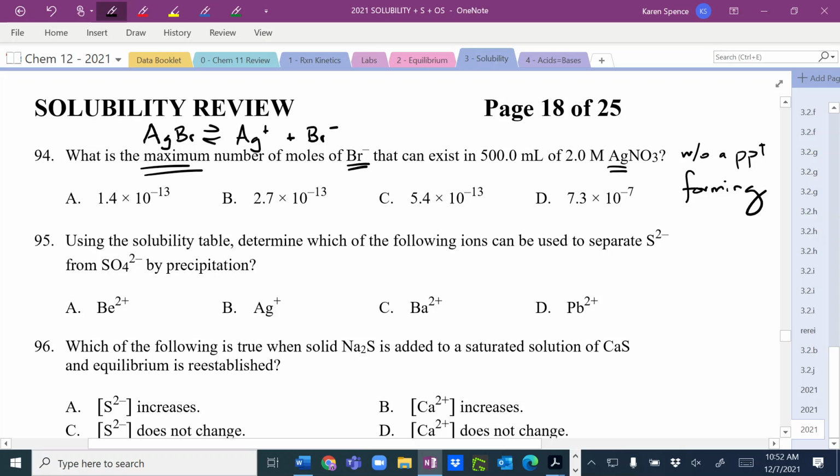And so KSP then is equal to the concentration of Ag times the concentration of Br minus. We know the concentration of silver, yes? We also know that the KSP is given in the data booklet.